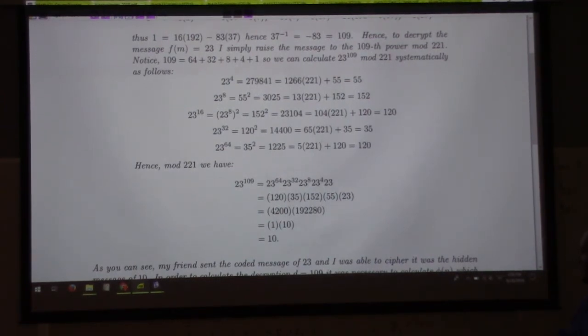So as you can see, my friend sent me the coded message 23, and I was able to decipher it as the hidden message of 10, just like that. It's hard to appreciate this from the toy example, but when n is the product of primes that are very, very large, we're talking about n having hundreds of digits. How do you find the prime factorization of something with hundreds of digits?